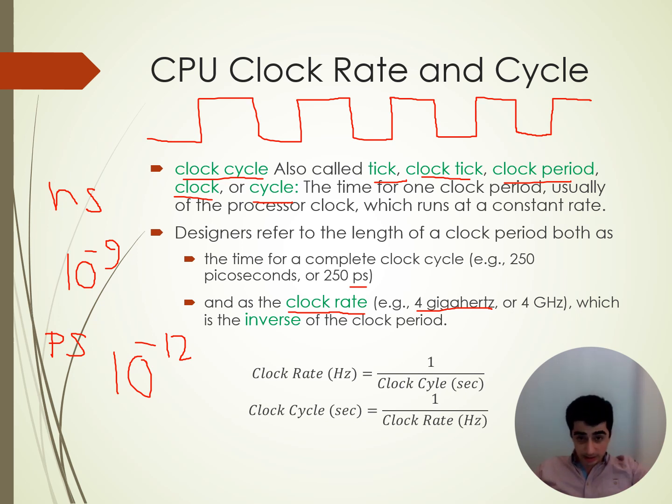Because, as I said, clock rate is the inverse of clock period. You can convert clock rate to clock cycle and vice versa, clock cycle to clock rate. All you need to do is to divide 1 by clock cycle to get the clock rate, or divide 1 by clock rate to get the clock cycle.